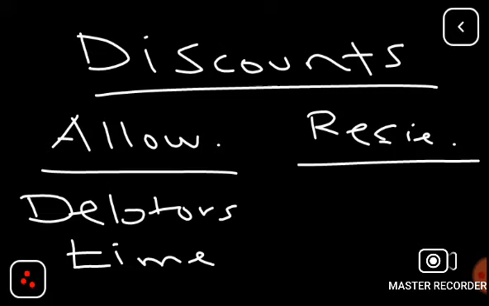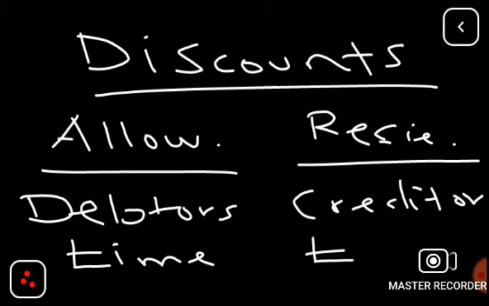For the discount received, our suppliers, or rather our creditors, are the ones who give us this discount, provided that we had paid them on time.